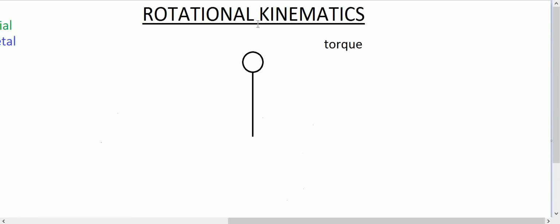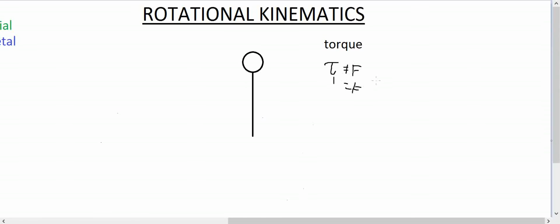Torque is represented by the Greek letter tau, which looks like this, and it's not equal to the force directly. It's equal to force times something, or even force squared or whatever.